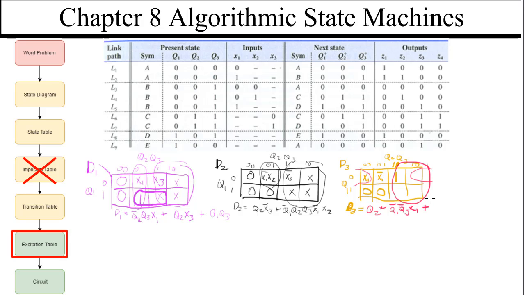And then finally, we've got an implicant right here. So that's going to be Q1 bar, and X2 is changing its mind, X3 is a 1, Q3 is a 1, and then it's X1 bar.